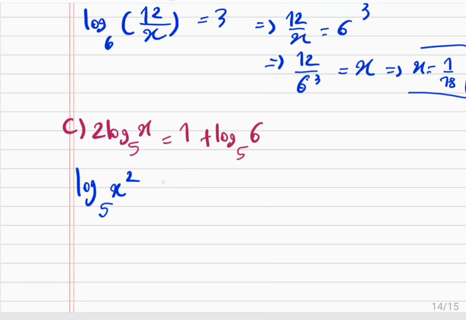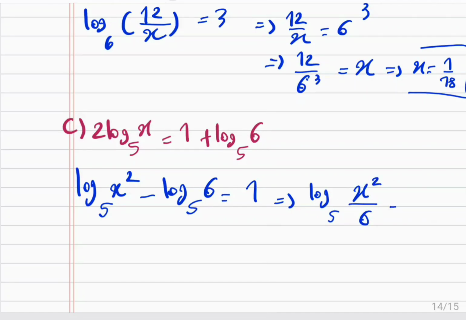We also subtract log base 5 of 6 from both sides, is equal to 1. Again, now we have the division rule, because there's subtraction, and this is equal to log base 5 of x squared over 6 is equal to 1.